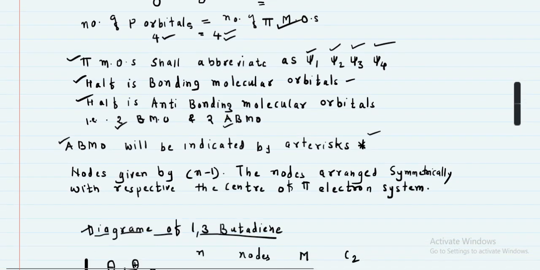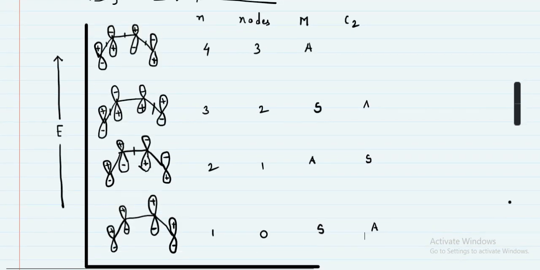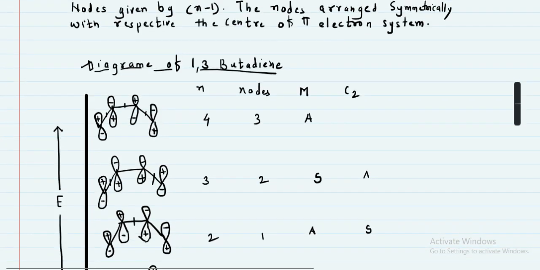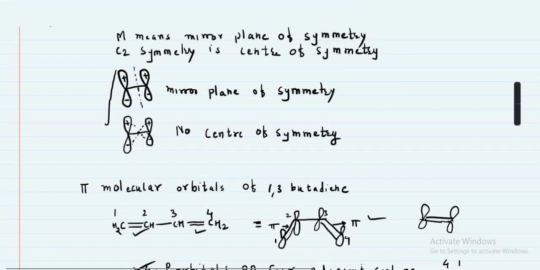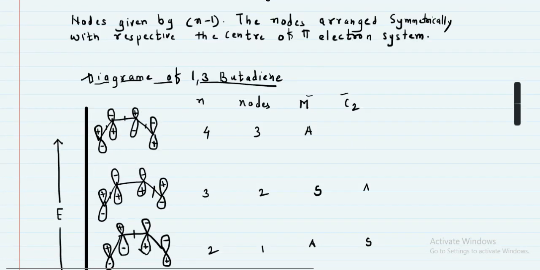Let us try to draw the pi molecular orbitals. We have also discussed how we can find the nodes, what the meaning of the mirror plane of symmetry is, what the meaning of C2 symmetry is, and that the nodes can be calculated by n minus 1.